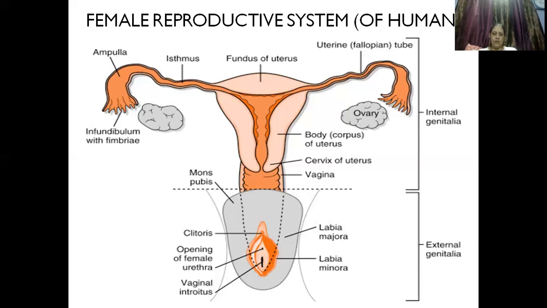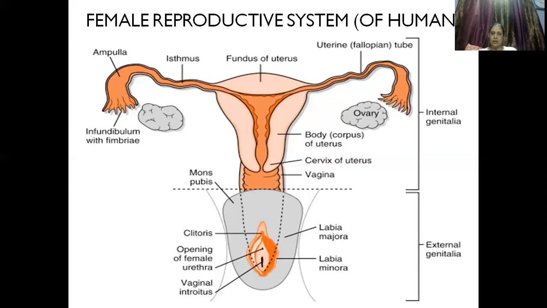Now we need to understand that this ovary continues ahead with the infundibulum or the fimbriae, and it continues down into the oviduct, into the uterus, and then ends up with the cervix and the vagina.